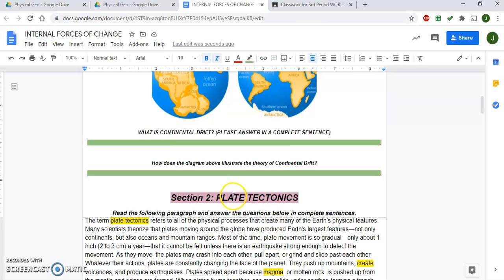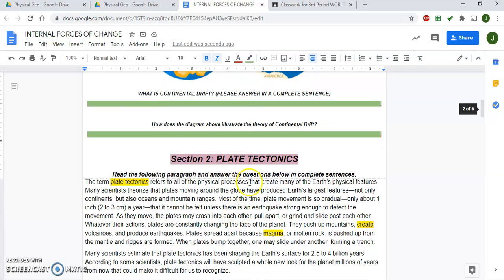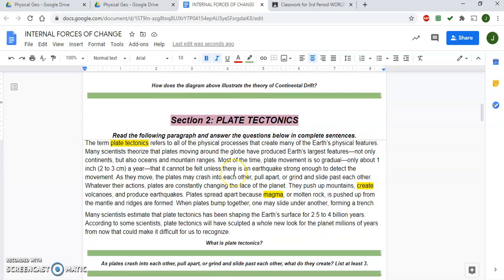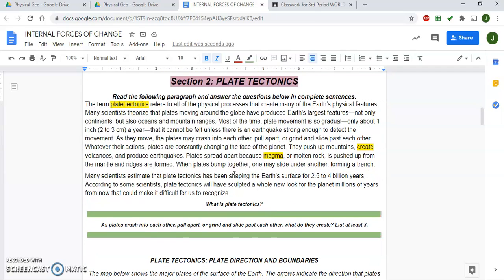The continents have drifted. They drift on these big plates that we have, and the movement of this process is called plate tectonics. The process of plate tectonics really is what creates some of the most spectacular features we have on the planet.